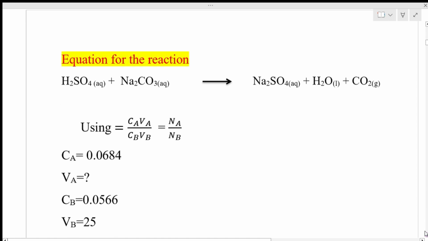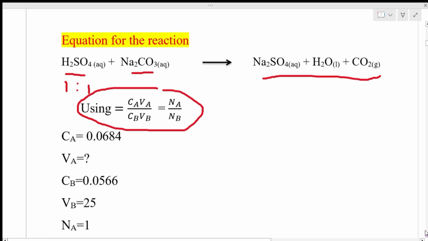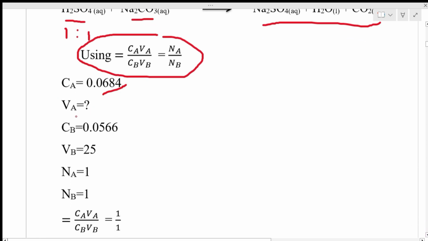Now let's move to the equation of the reaction. Acid plus this base gives us salt with liberation of CO2, in the ratio 1:1. If I use this formula, I have my Ca, which I derived from above, my Va which I'm looking for, my Cb, which I derived from the given value, and Vb, the volume of the pipette I'm using for this experiment. Some schools use 20.